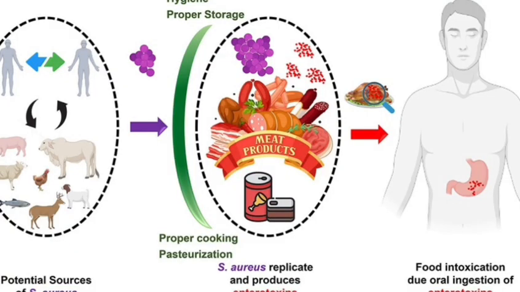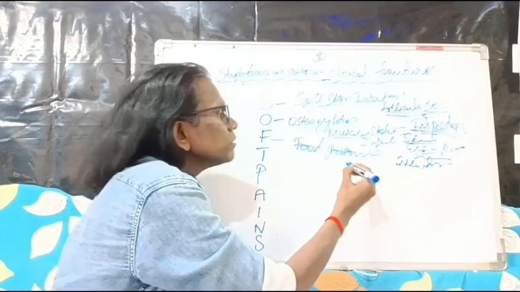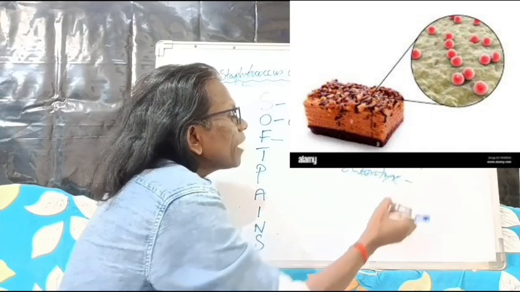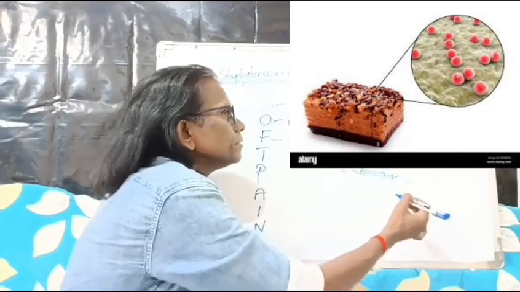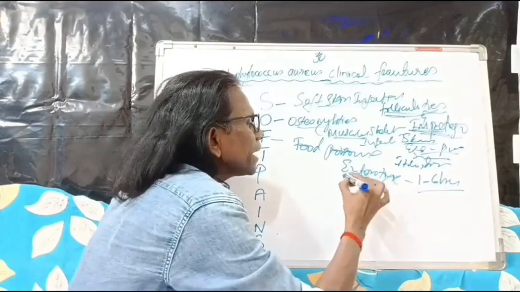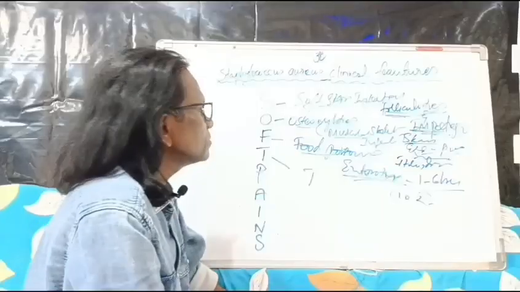And F stands for food poisoning. So Staphylococcus will produce enterotoxin if the favorable temperature, 10 degrees centigrade or above, is maintained for 1 to 6 hours.